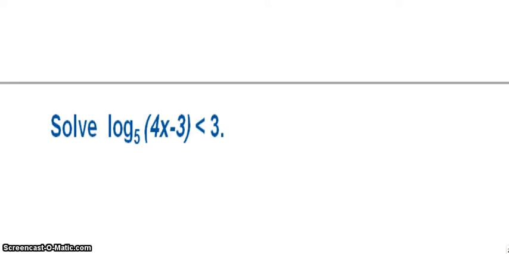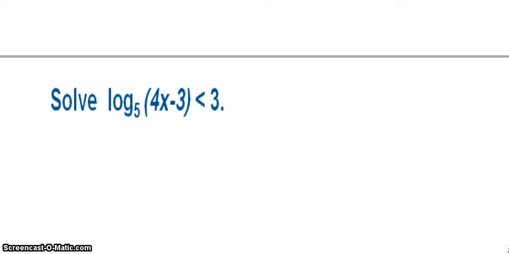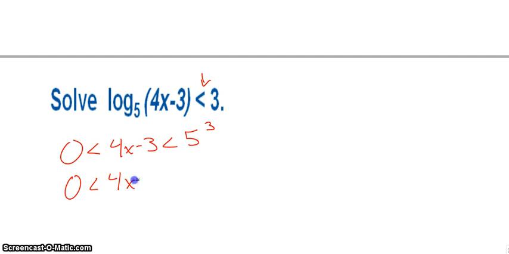Now if I have something a little bit more complex going on in my argument, I do have to just stick that in for my middle part instead of just x. So I've got my lower bound because I have a less than, 4x minus 3, which is less than the rewrite part, 5 to the third. So I've got 0 is less than 4x minus 3 is less than 125.